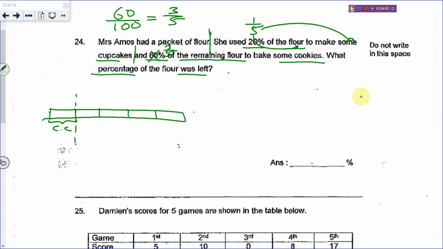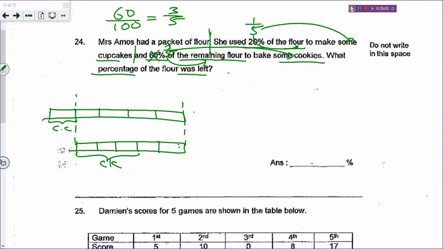And the remainder has how many boxes? 5 boxes, am I correct? But if you look at the remainder, there are only 4 boxes. So you need to drop down the remainder and cut into 5 boxes. And out of the 5 boxes, 3 boxes are used to bake some cookies, and of course the rest are the leftover. So what percentage of the flour was left?